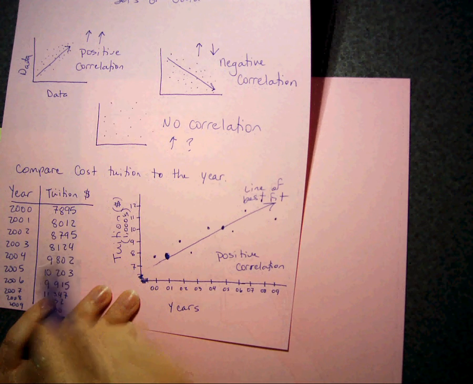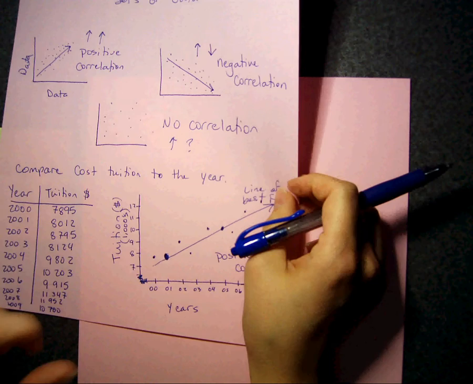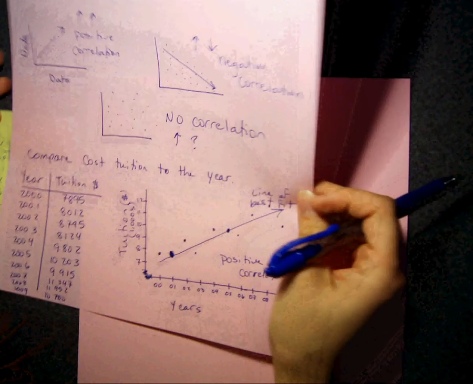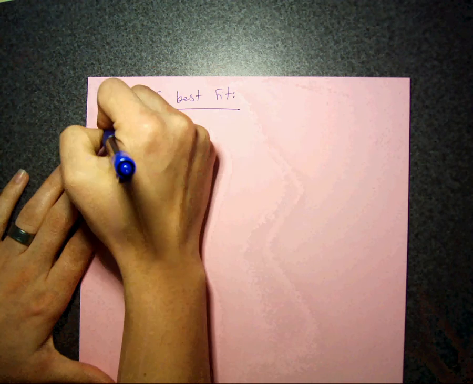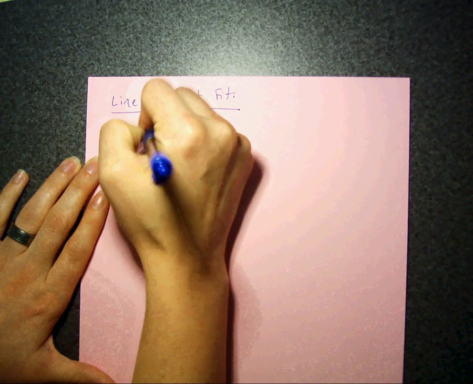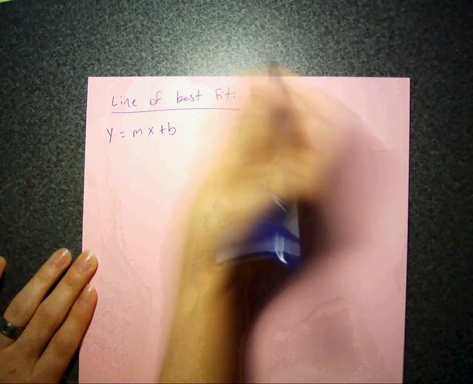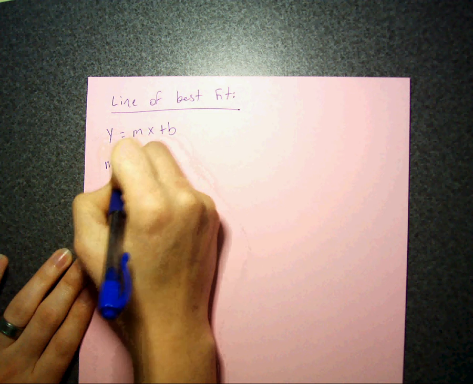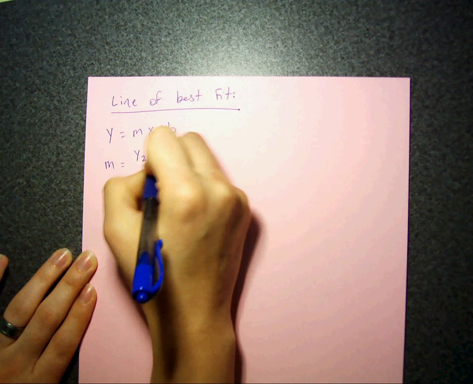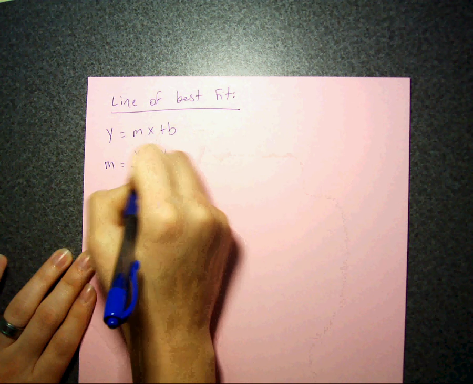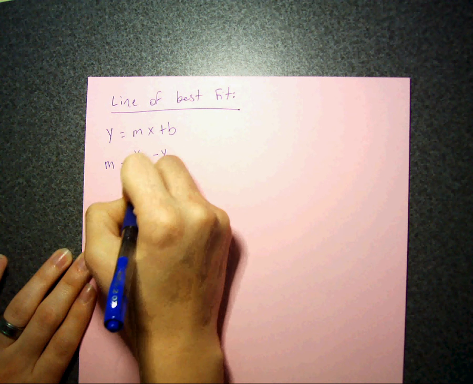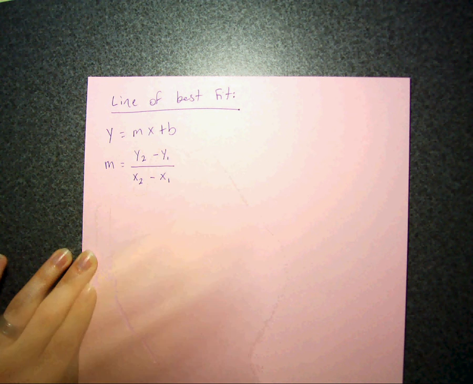And so I want to write the equation of my line where it's y equals mx plus b. M is your slope. So I'm going to have y2 minus y1 divided by x2 minus x1. And so, again, the 2 points that I had were at 2001.